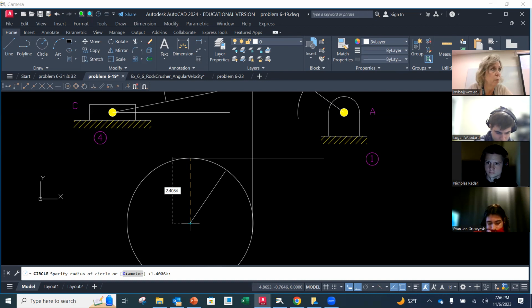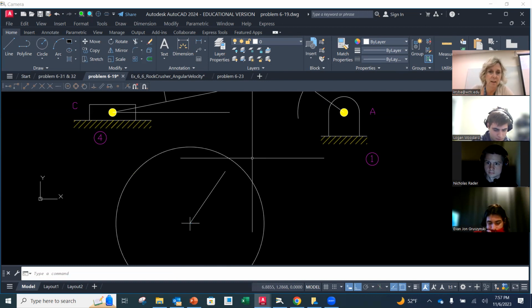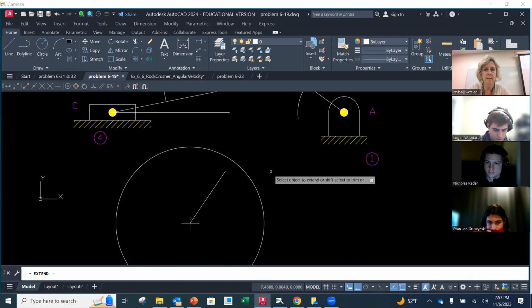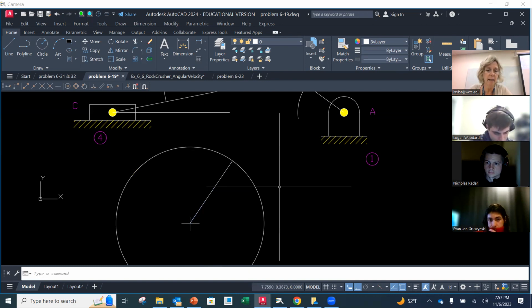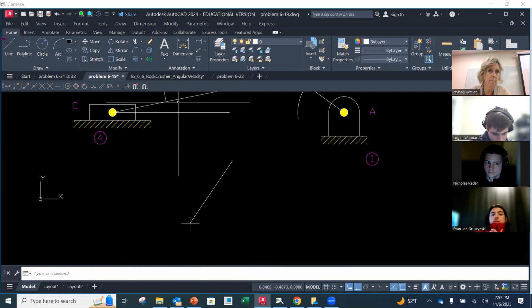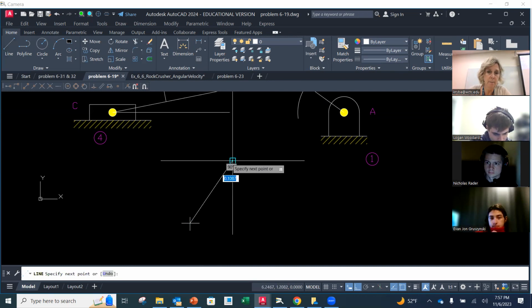So it was 240.84, but I'm drawing it divided by 100, 2.4 inches, if you would, long. So now I'm going to extend this to that radius, and now it is the right length and at the right angle.